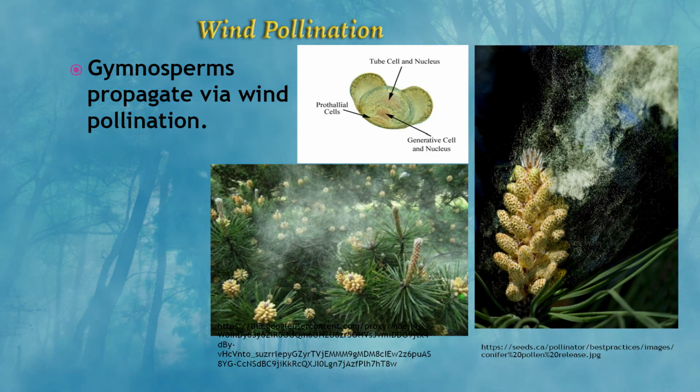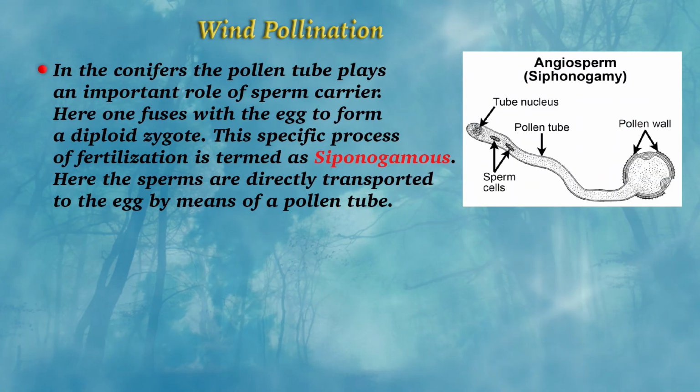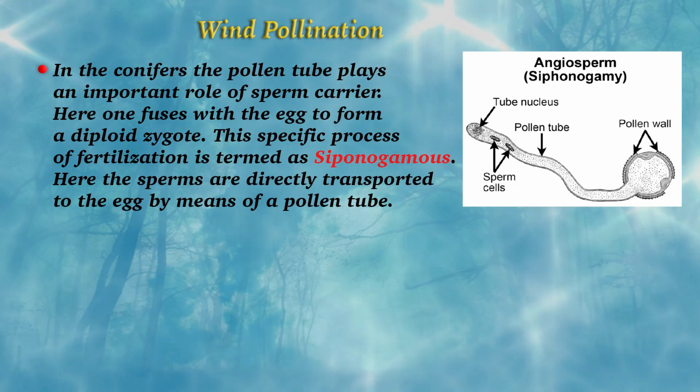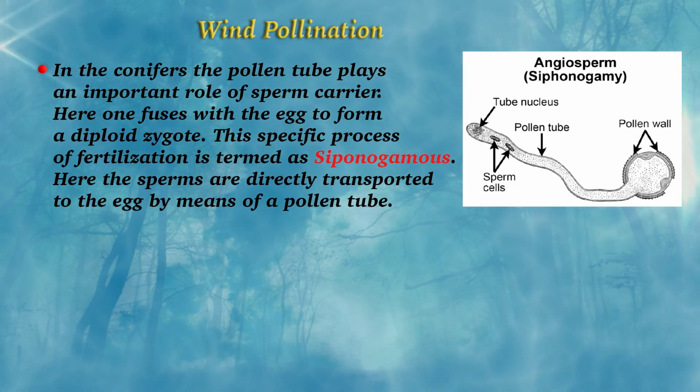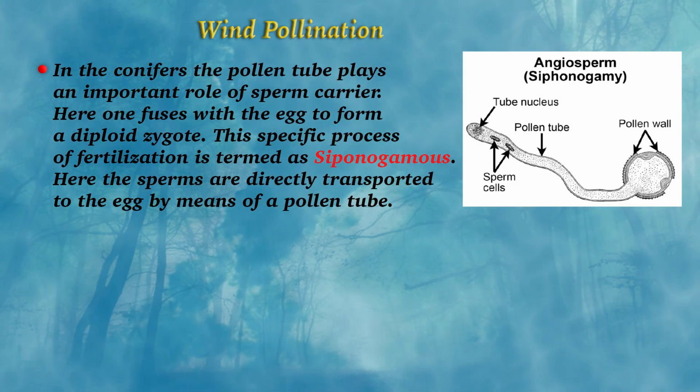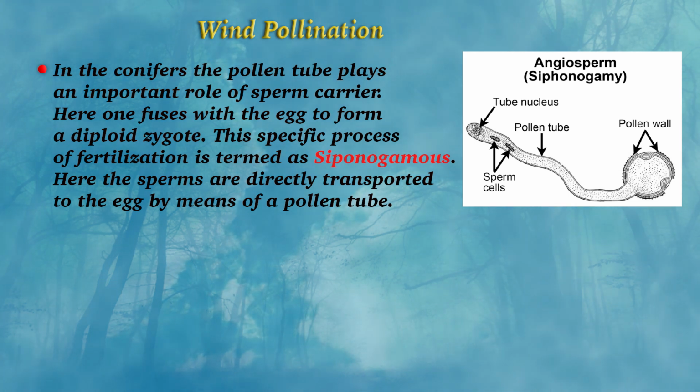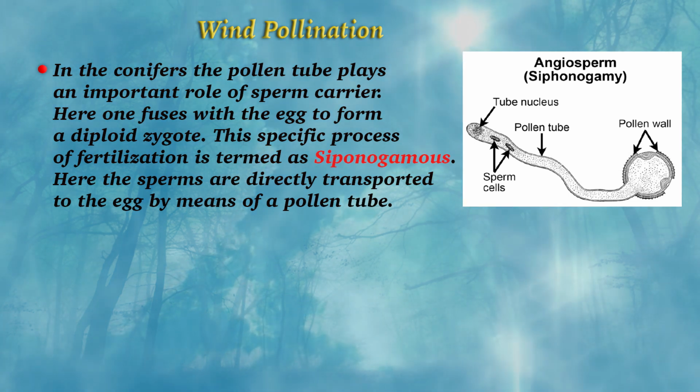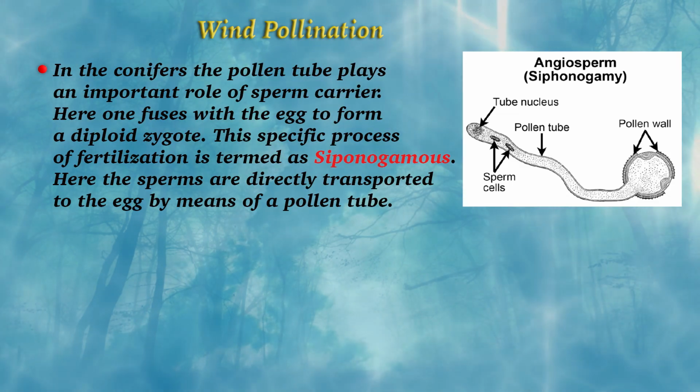They are so many in number, but for this they have to spend a lot of energy to make these pollen grains. The gymnosperms have 2 types of fertilization. One is siphonogamous. What happens in siphonogamous? The pollen tubes grow out of the pollen grain and deliver the male gametes or sperm cells, which fuse with the egg cell and make the embryo.